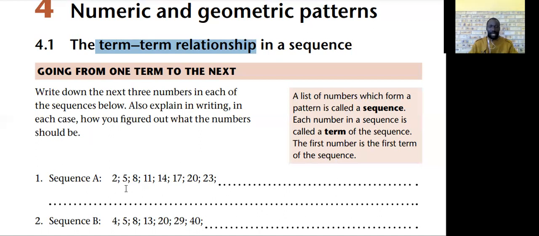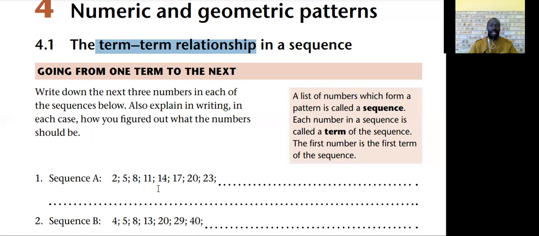So you see, the relationship is that we have to do something on one term to get the next term. Notice that to get 8 from 5, we also have to add 3 onto 5. And when we add 3 onto 8, we get 11. Adding 3 onto 11, we get 14.